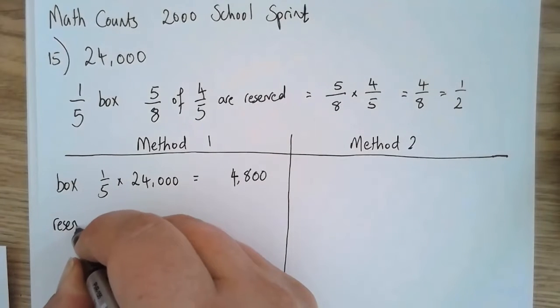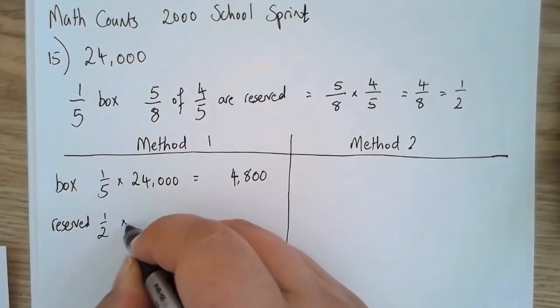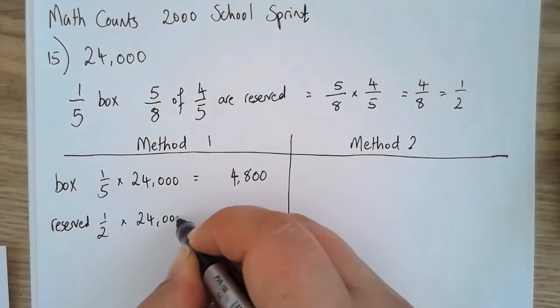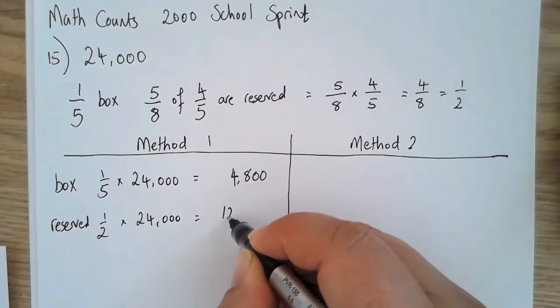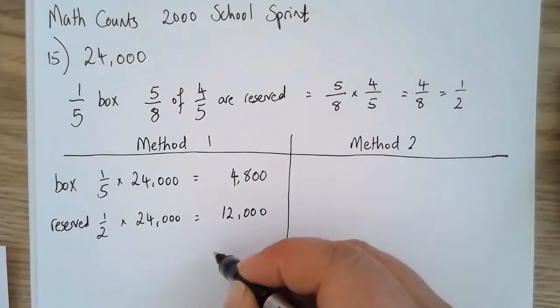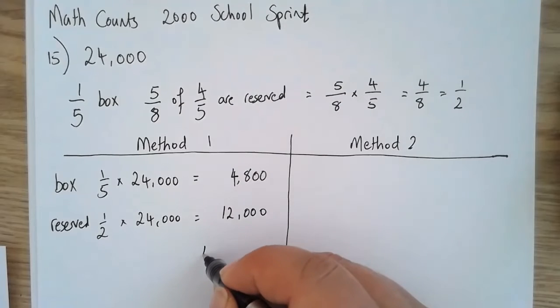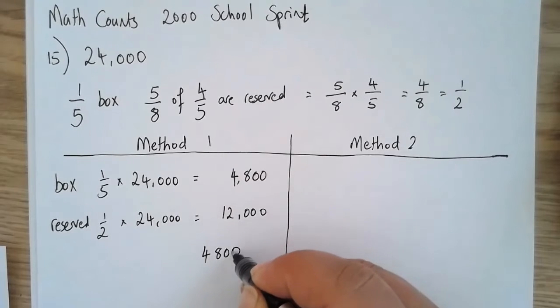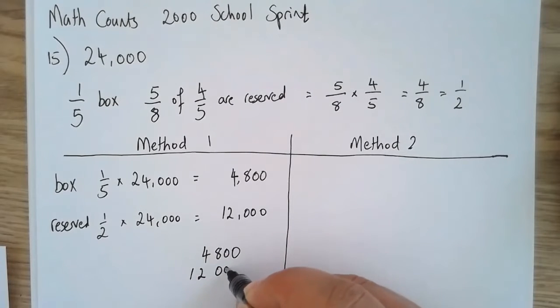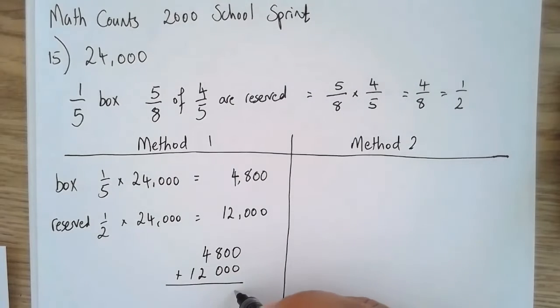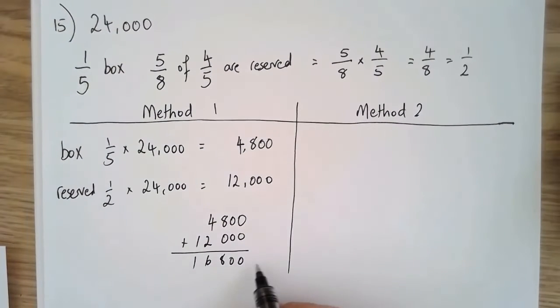Reserved is a half of 24,000, which equals 12,000. Then we're going to add those two together. So that's the total number that are not general, 16,800.